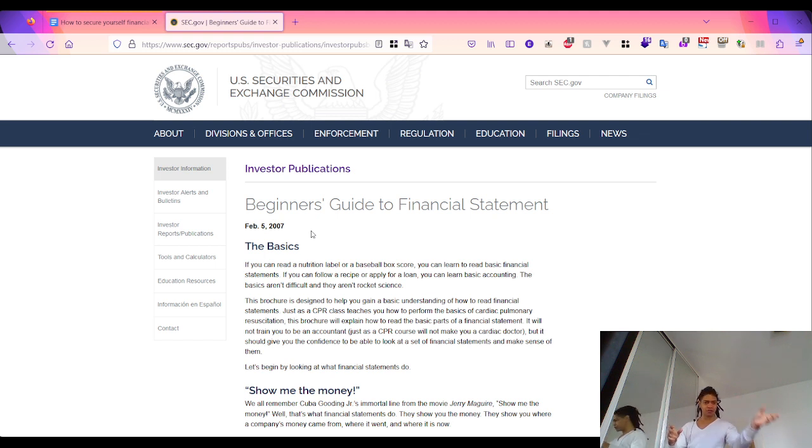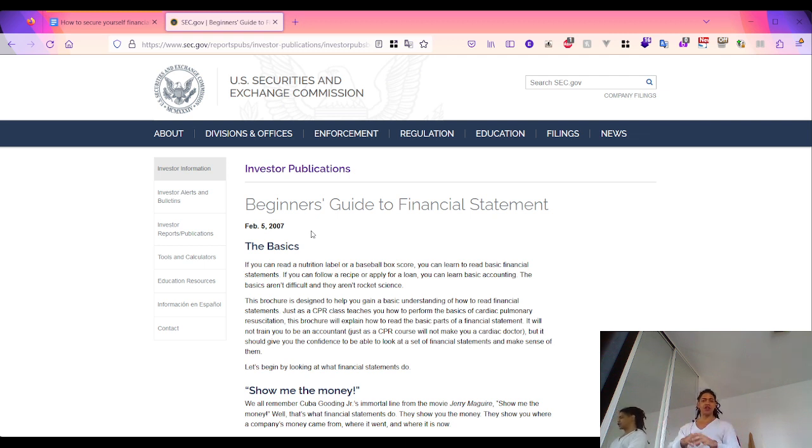If you're able to read nutritional labels or a baseball box score or soccer box score, you can learn to read basic financial statements. And after all, they show you the money, right?